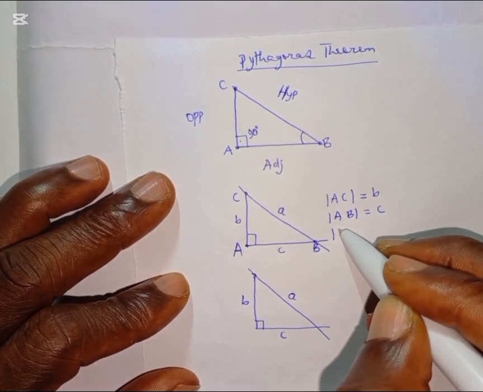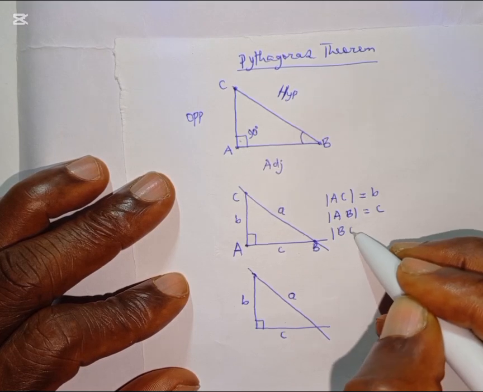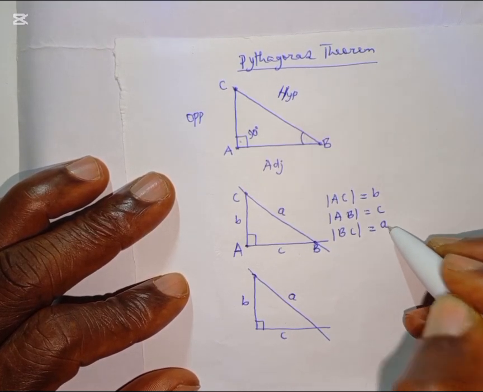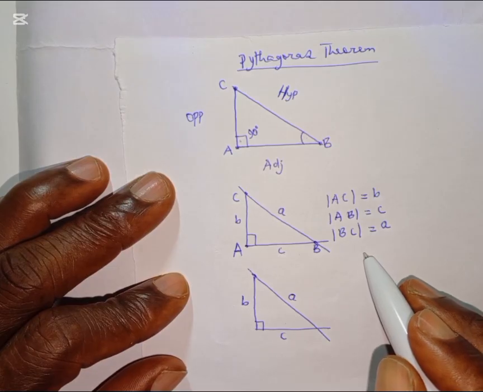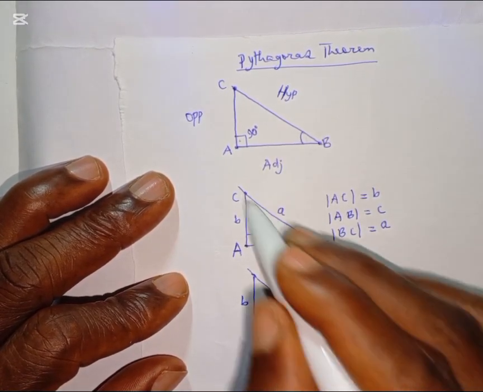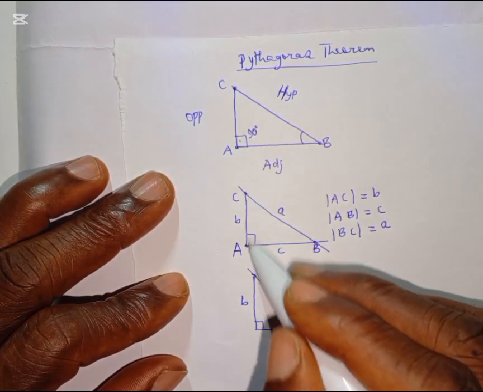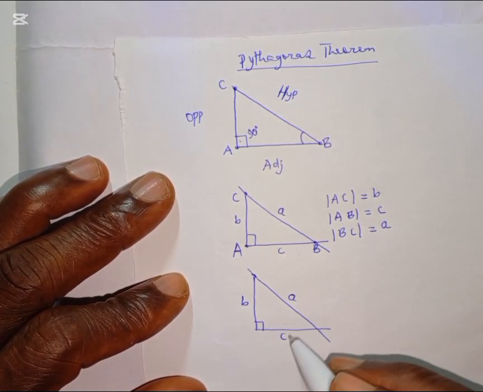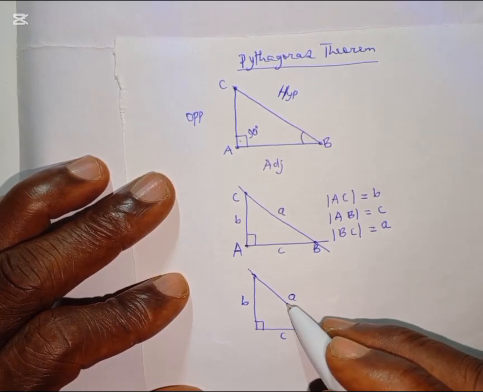Side BC is equal to small letter a. Can you see now? So the points represent the capital letters and the small letters represent the sides. So here, now about Pythagoras theorem.